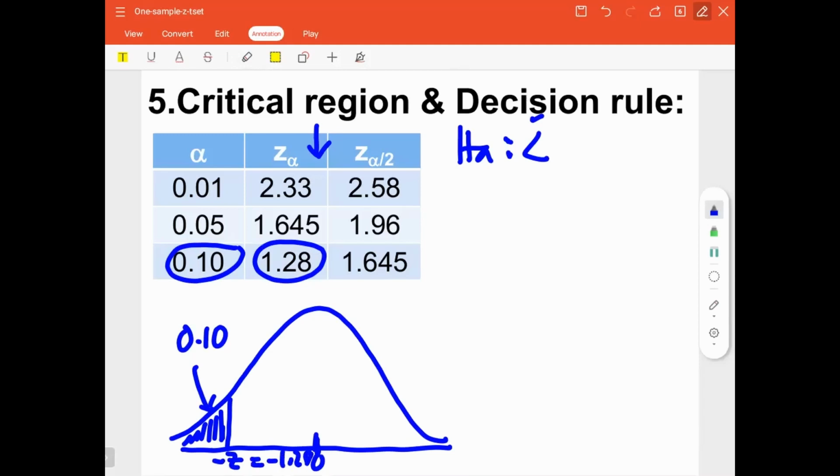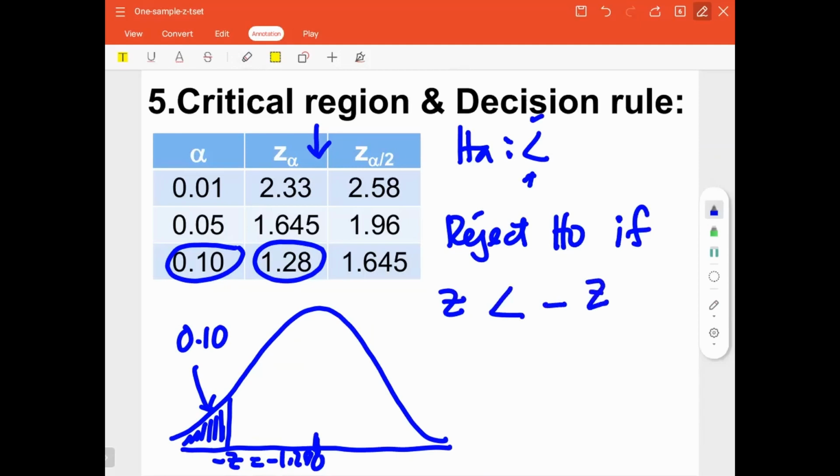So that's negative. So what will be the decision rule? This being negative, we say reject the null hypothesis HO if the computed value of z is less than the negative of z of alpha. Of course, the negative z of alpha is negative 1.28. Just make it negative. Take note, as an emphasis again, guys, whatever the symbol is here, it is the same there.